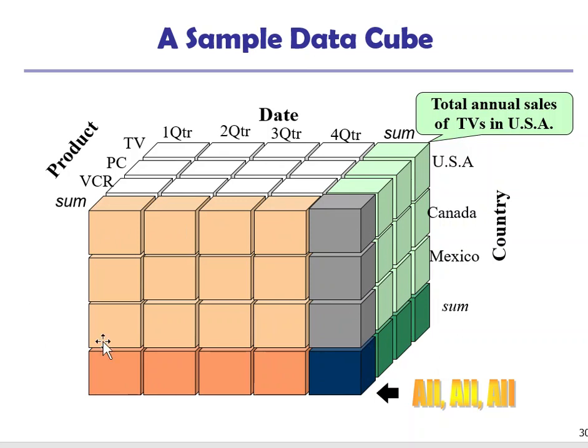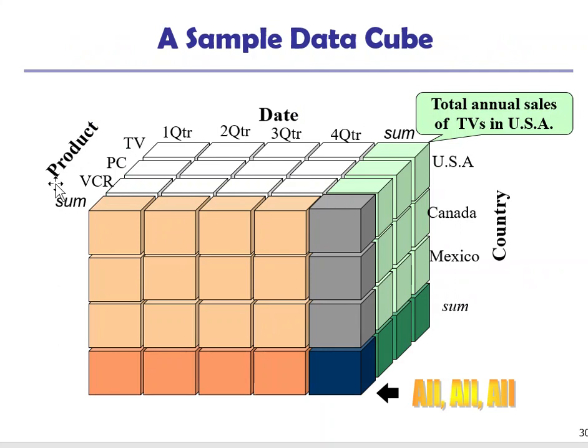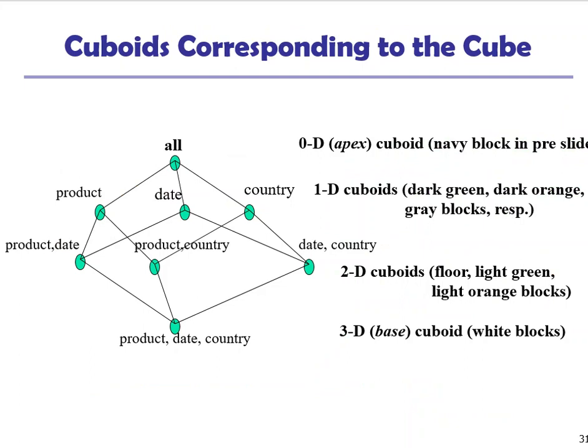And this cube corresponds to this lattice. So the product, date, and country is the white blocks. So here, this is our raw data, right? A 3-dimensional array. And then go up a level, product and date.